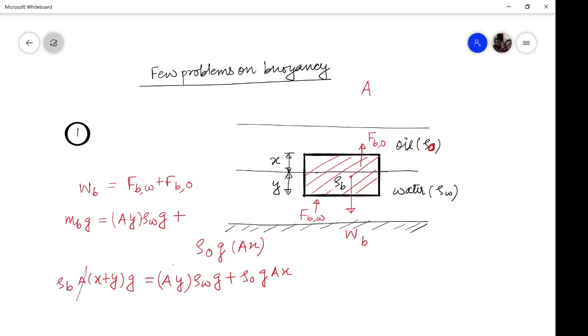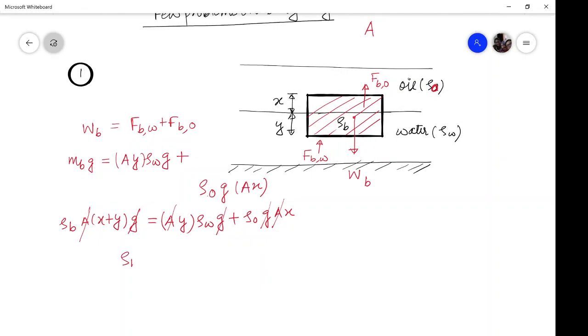The A cancels out along with g, leaving rho block (x plus y) equals rho water y plus rho oil x. What is required? x by y. So we divide the whole equation by y, which gives rho block (x by y plus 1) equals rho w plus rho o x by y.